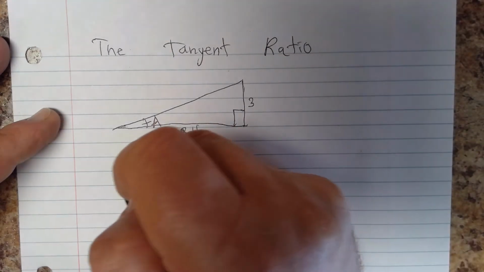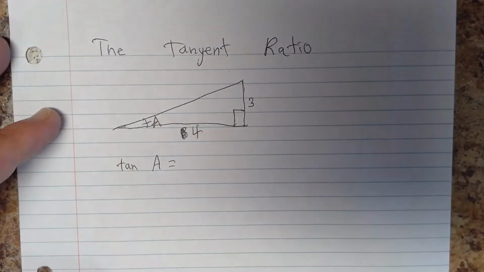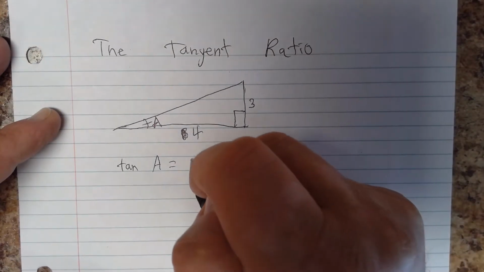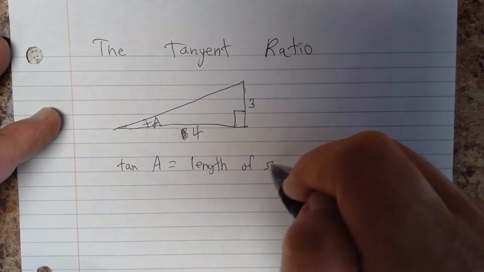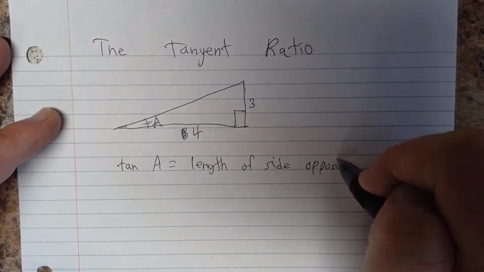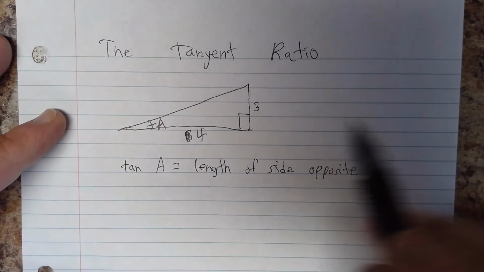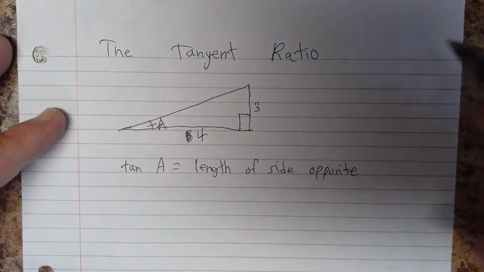If you're finding the tangent of any angle, it is equal to the length of the side opposite. What's opposite of this angle? It's this side here, all the way across, the opposite.